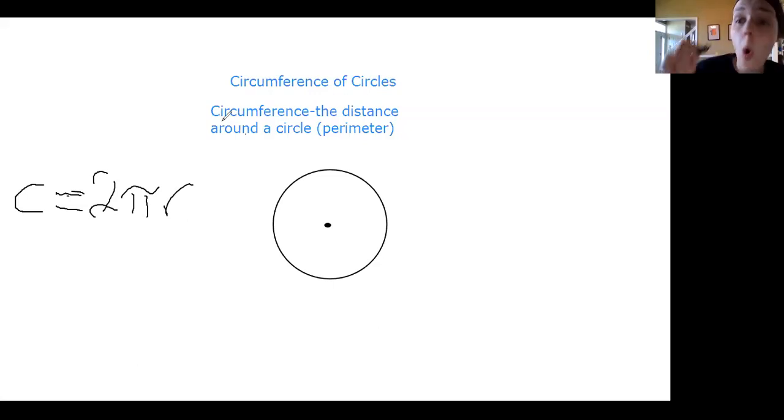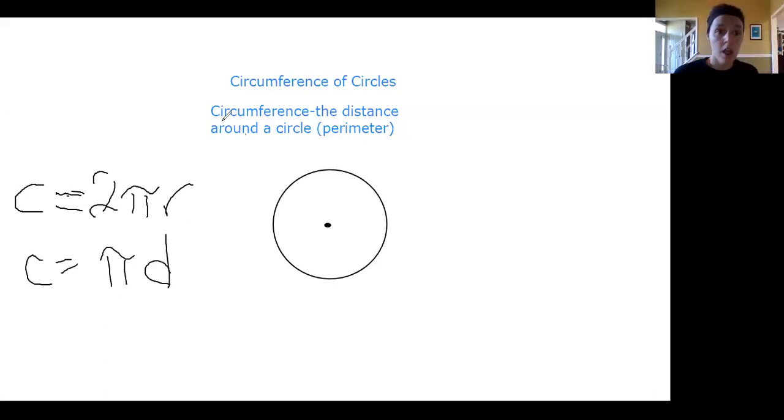Or circumference equals pi times d. They're the exact same formula. So why do you have two different ones? It's just in case the problem gives you a diameter or a radius. Remember I told you 2 radii make a diameter, so if they give you a radius, you just have to double it.